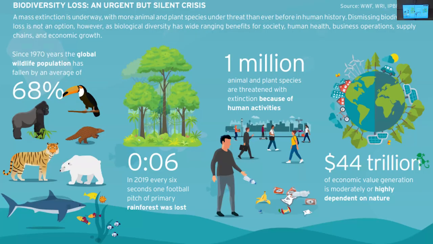Cool. So this is a very generic slide, but it's basically just highlighting the biodiversity crisis, which we're all very aware of. We're seeing massive declines in global wildlife populations, and we need to act very quickly to arrest that, not only for the wildlife itself, but also for the ecosystem services that they provide to humans.